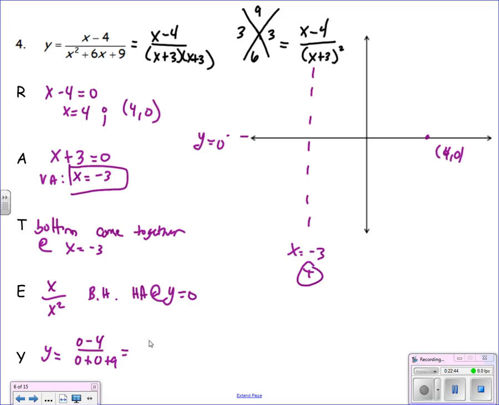So at the top, it would be negative 4. At the bottom, it's 9. So that means it's negative 4 over 9. If it was something that I could reduce, I would reduce, but I cannot. So write it as an ordered pair, so (0, negative 4/9), and plot it. So that's here. And we're going to label it.